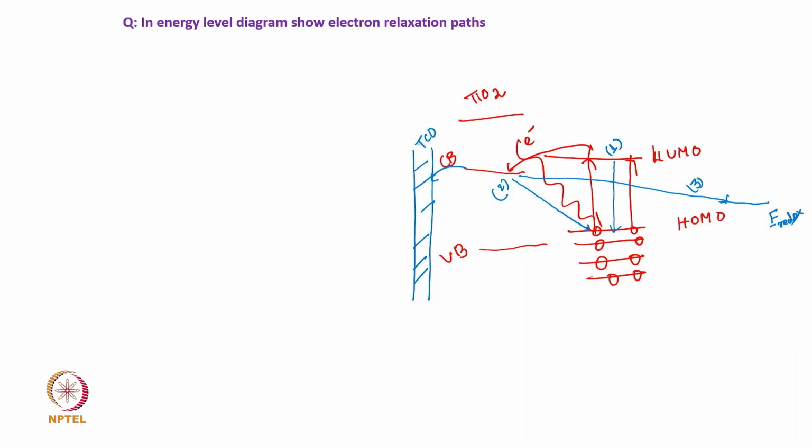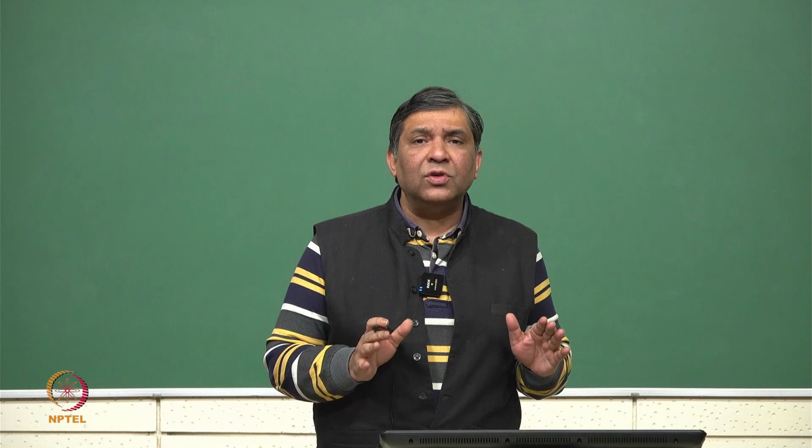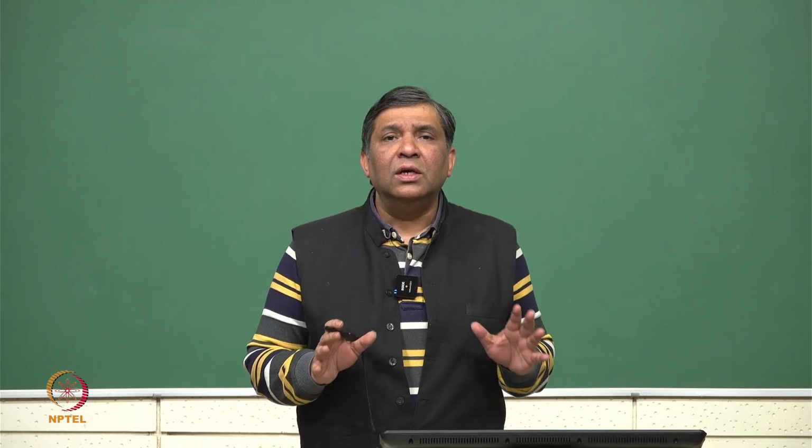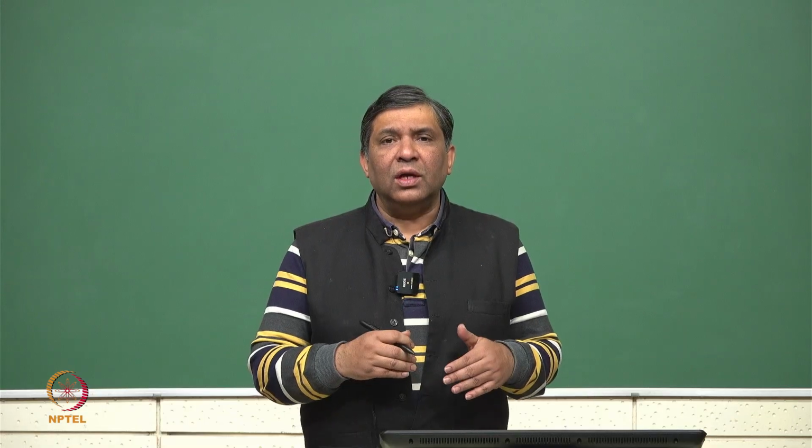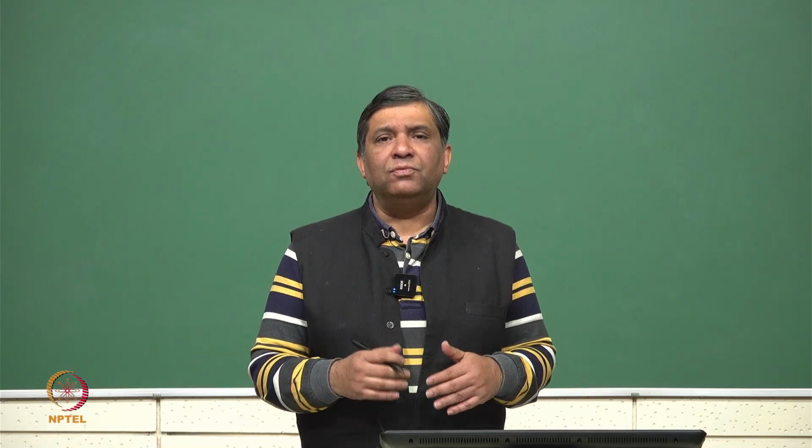Okay. So, these three are the recombination or relaxation processes which are continuously acting against the photogeneration process.